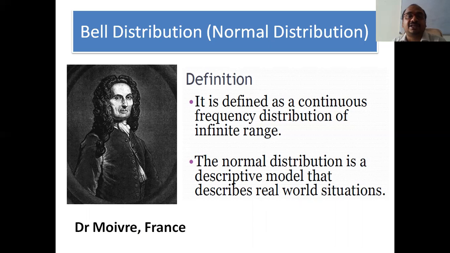And if you see the definition, it is defined as a continuous frequency distribution. Just now I told you, it comes under the continuous distribution of infinite range, indicated by the infinity symbol. The normal distribution is a descriptive model, not discrete, that describes real world situations.